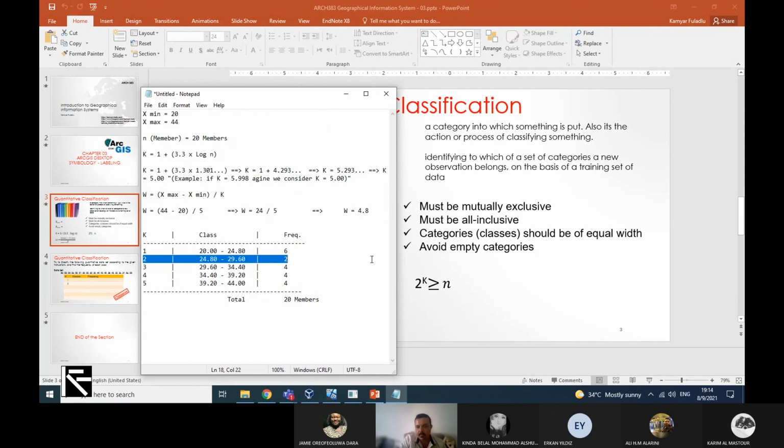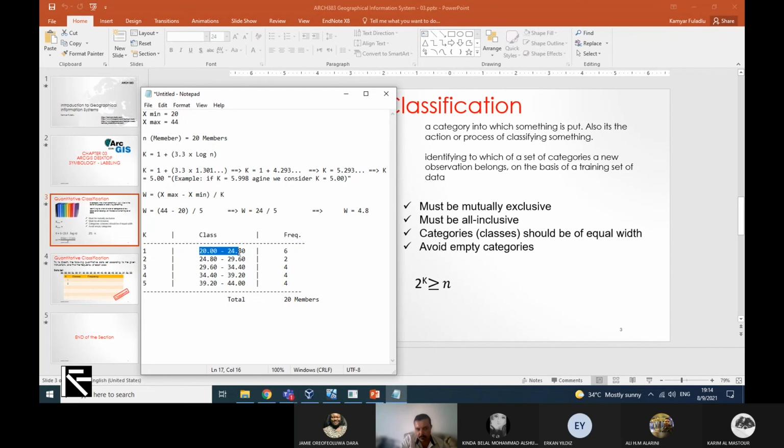The second rule: it must be all inclusive. What does this mean? All the numbers, or all the members, should be included in one of these classes. Actually, all of them join one of these classes. Categories should have equal width.